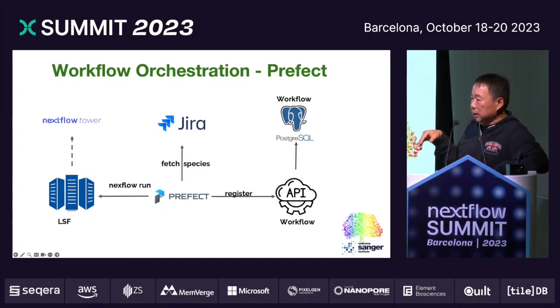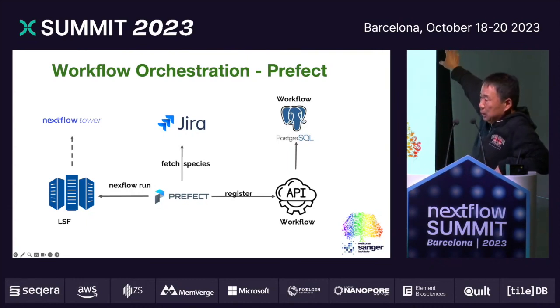So how can we manage that? We also have a workflow database to centralize all the workflows we have run, are running, or are going to run. That's the database where we track everything.